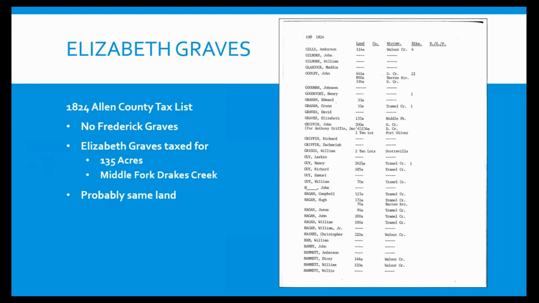Frederick's not listed on the tax record anymore, but Elizabeth Graves is listed. And what is the description of her land? It's 135 acres on the Middle Fork of Drake's Creek. So this is the same land description, and it probably is the same land. So then we go back to when it changes again.